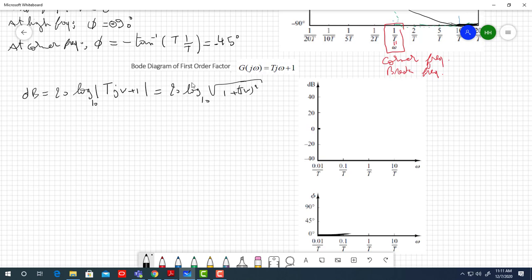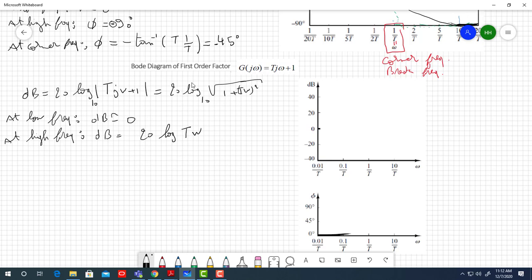At low frequency, this is equivalent to 20 log of 1, which is 0. At high frequency, this is equivalent to the square root of t omega squared, so t omega, so 20 log of t omega.